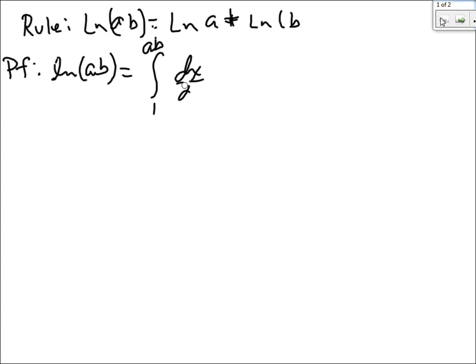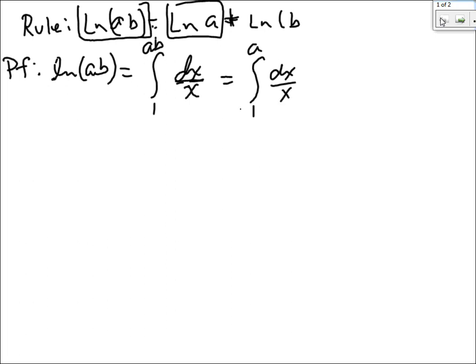Now, in mathematics, you should always try to at least get some pieces of what you want. We want ln of AB to equal ln of A plus something. So you know what? Instead of going from 1 to AB, I'll go from 1 to A. That is, this part right here is ln of A. I have part of the answer.